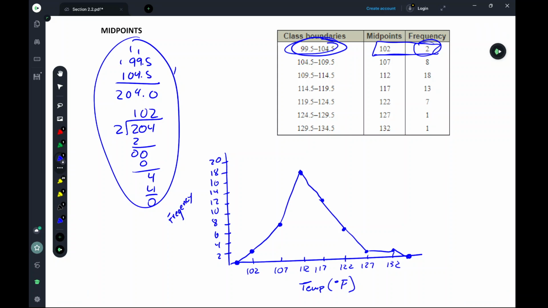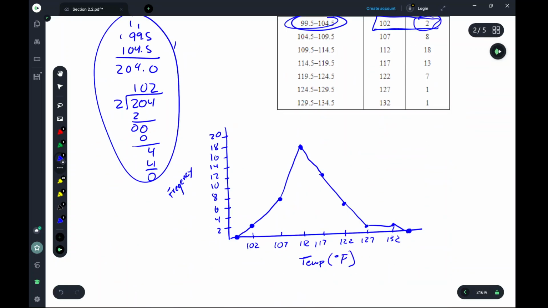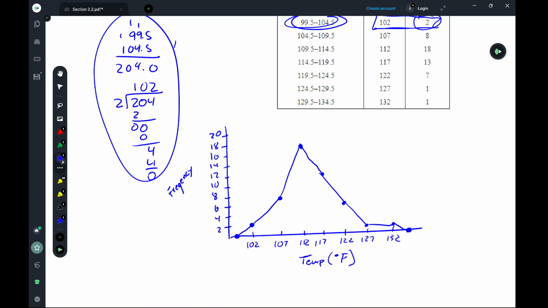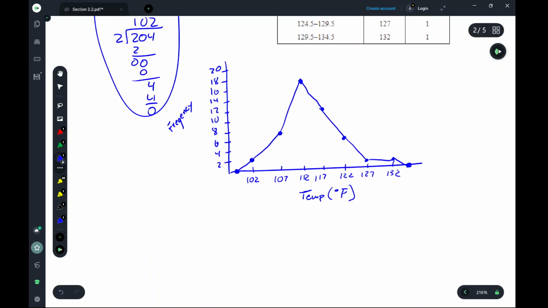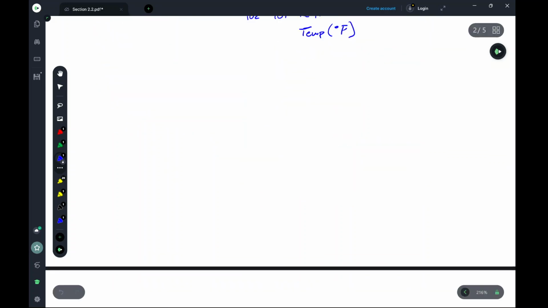This is a frequency polygon. So you can see the flow of frequencies referenced to the midpoints of each class rather than using bars to represent the height of each class's frequency. Just a different way to communicate visually the same exact data, the same exact information.